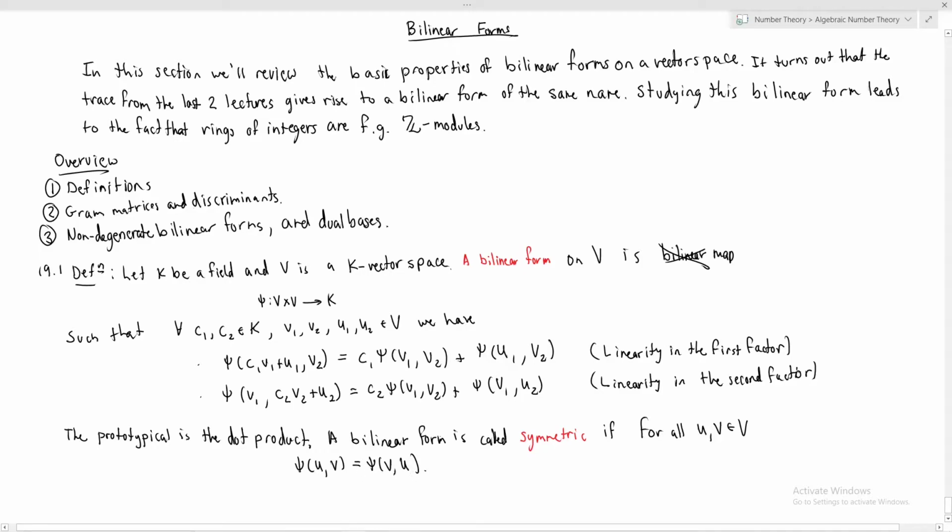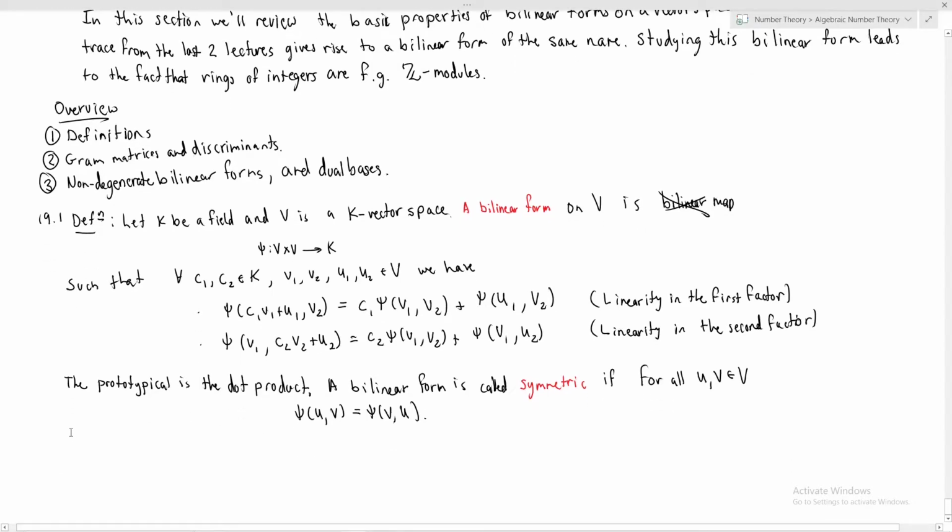And this doesn't happen for every bilinear form, but when it does, they're called symmetric. Okay, and the dot product is a symmetric bilinear form. So this is what a bilinear form is. The dot product is the prototypical example. There are other bilinear forms.